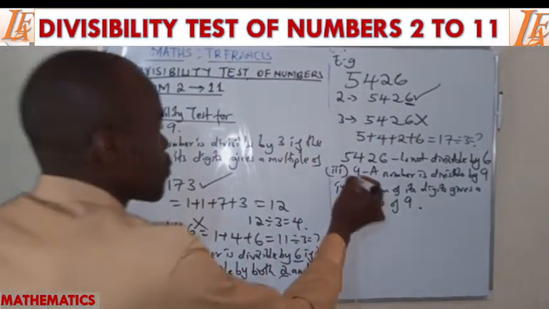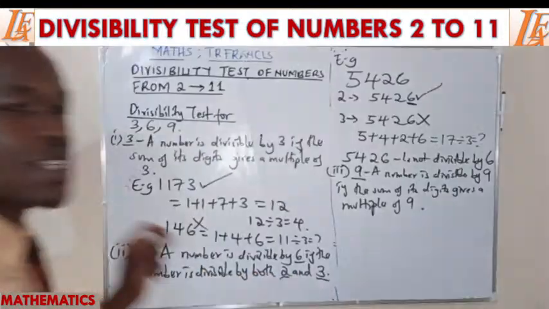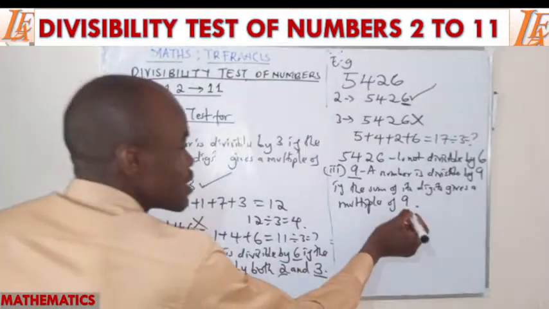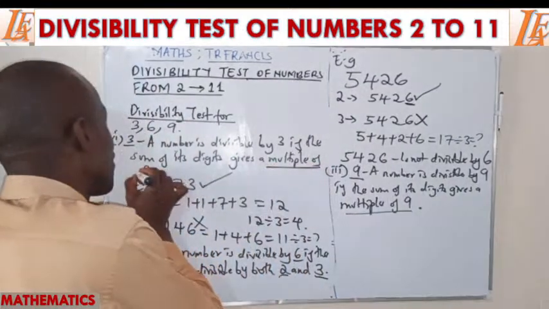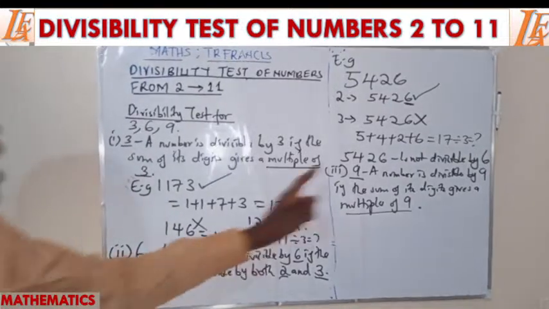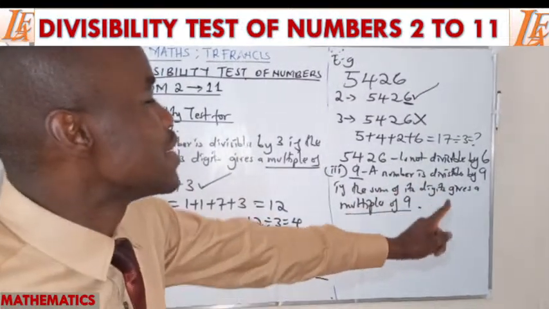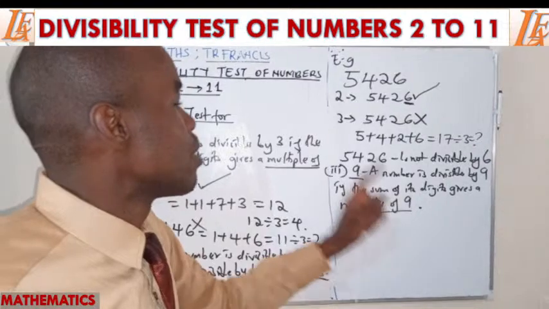Like in the case for 3, they are just the same. The only difference is in terms of the multiple. This is a multiple of 9, this is a multiple of 3, but it is the same. A number is divisible by 9 if the sum of its digits gives a multiple of 9.